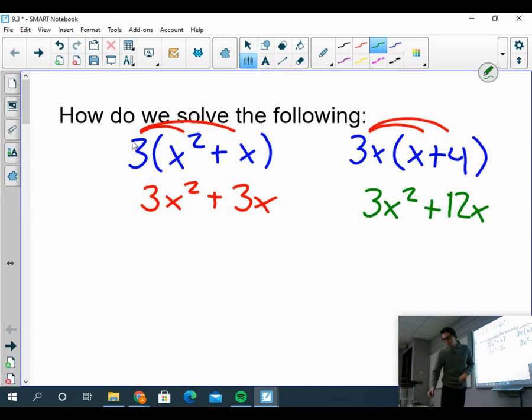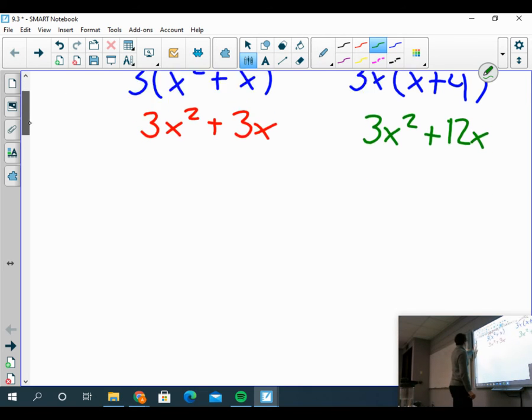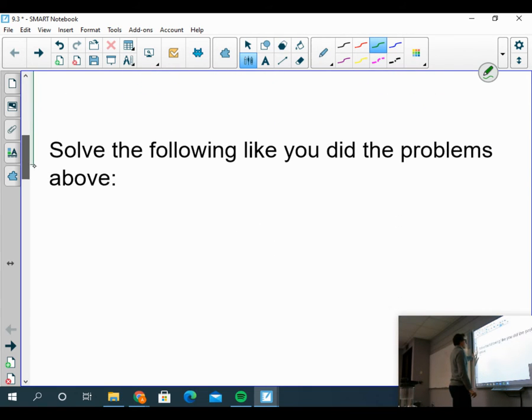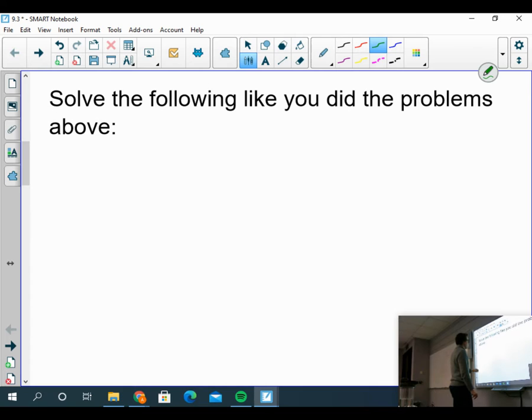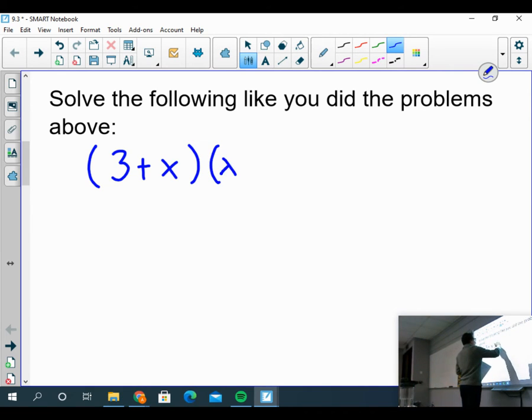So where are we going with this? Well, what I want to look at is I want you to solve the following problem using the same logic you did above. 3 plus x times x plus 2.